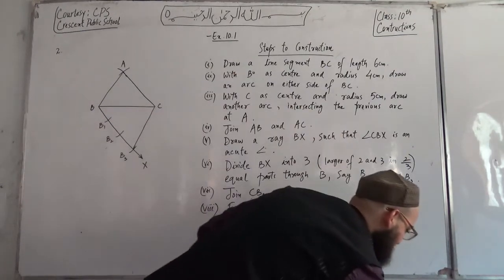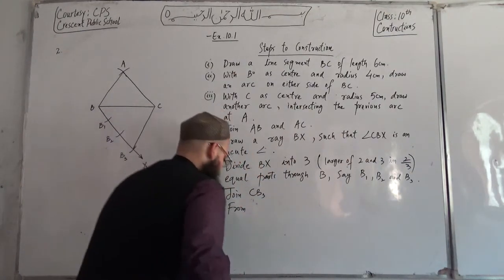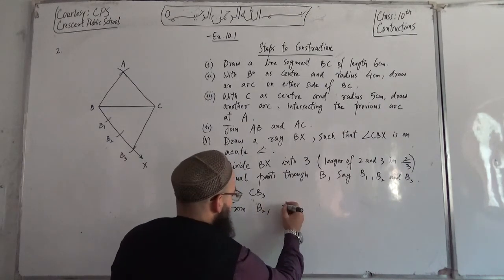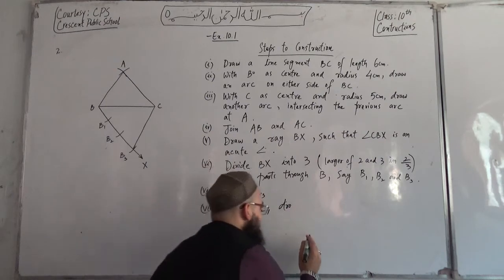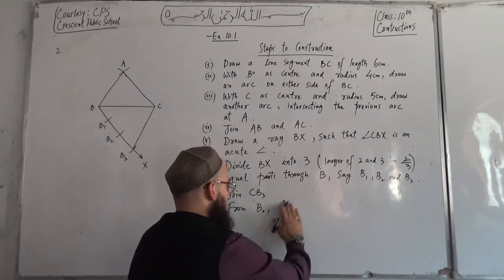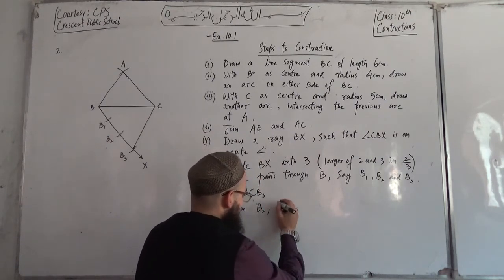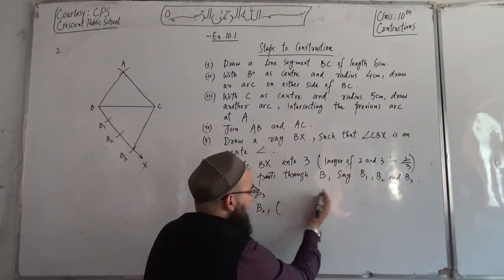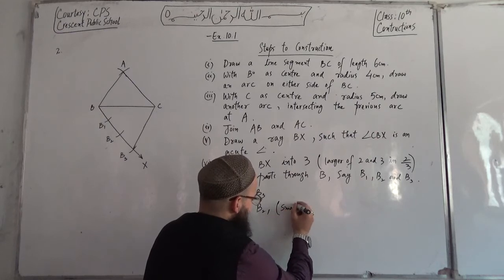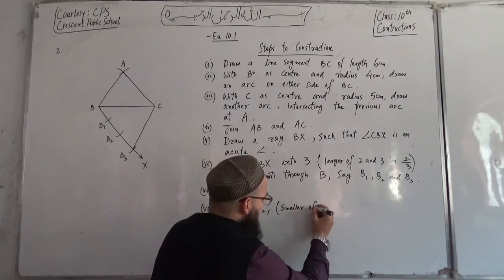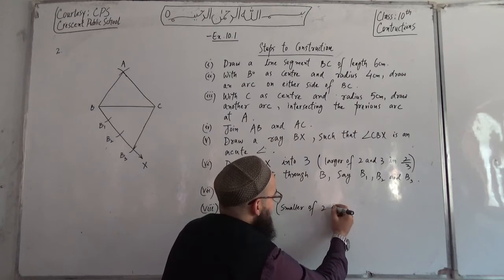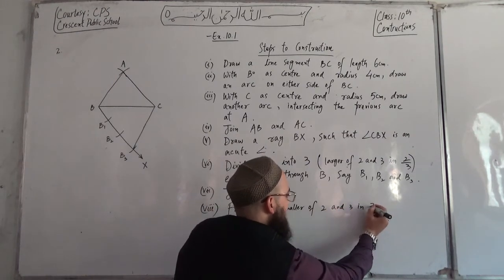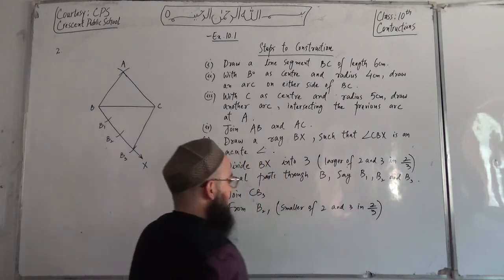From B2, draw a line. Why B2? Because it is the smaller of 2 and 3 in 2 by 3.